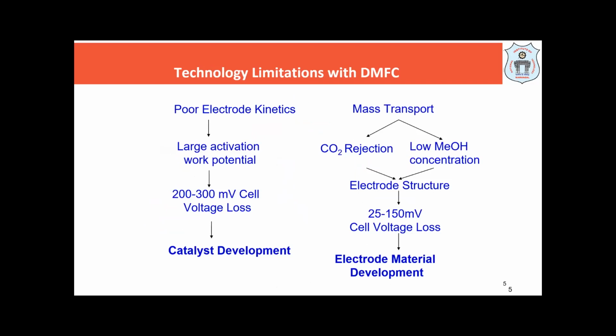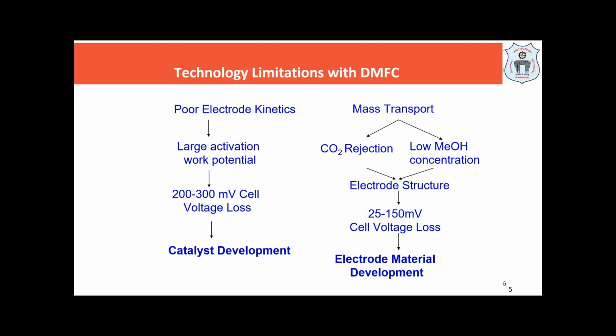So if you look at some of the technological limitations and the challenges ahead, you have poor electrode kinetics, and large activation overpotential needs to be dealt with. We have discussed activation potential and polarizations in the thermodynamics of these fuel cells. You can see that at least 200 to 300 millivolts of cell voltage is being lost.